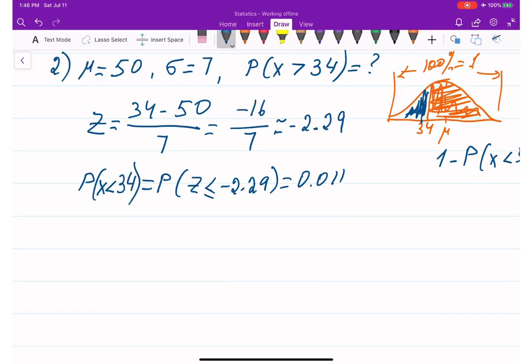So 0.011. Okay, now we found 0.011 is this blue area.